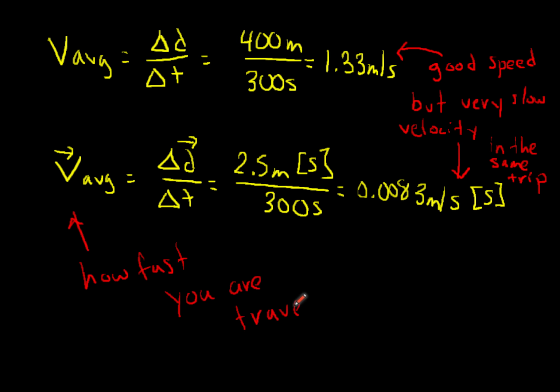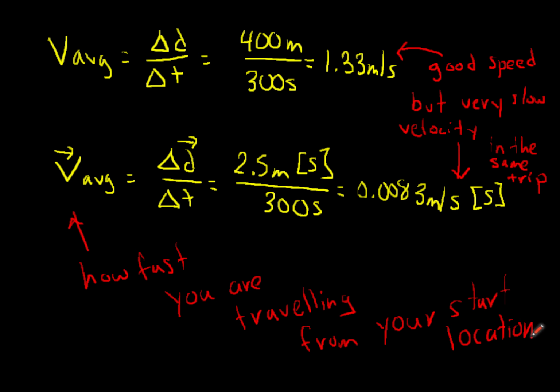This is because average velocity is how fast you are traveling from your start point. If you're running around a lot but not getting particularly far from where you started, your velocity is not going to be very fast. One more example, and this one's a little bit trickier.